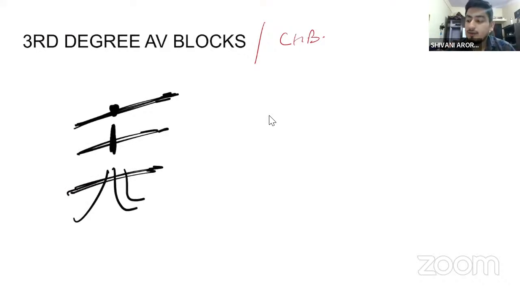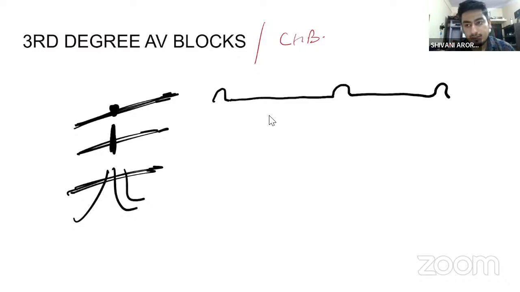So what would happen is that no P wave is followed by a QRS complex. The SA node would fire at its own rate, and there would be no QRS following a P wave. But yes, there would be an escape rhythm, which can be a junctional escape rhythm in case of block at the level of the AV node.